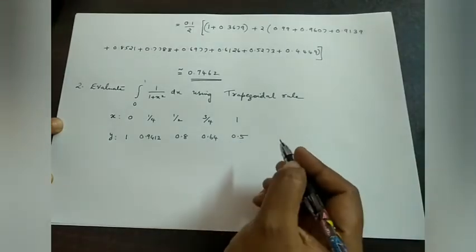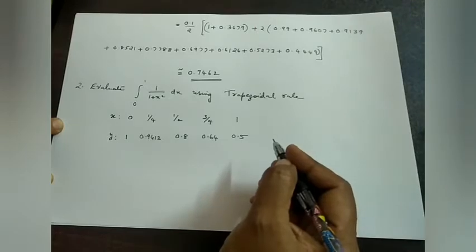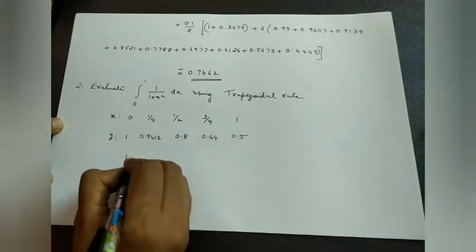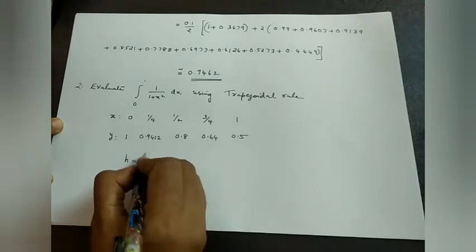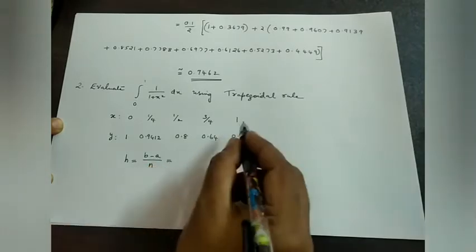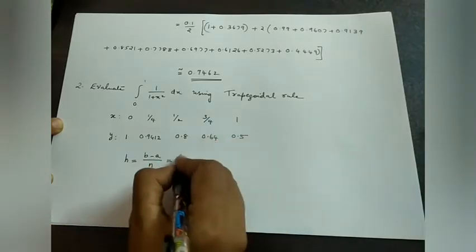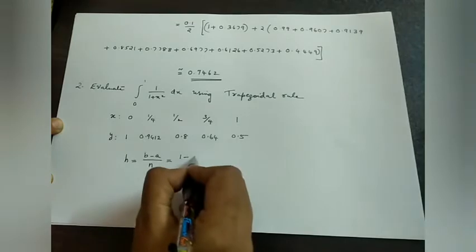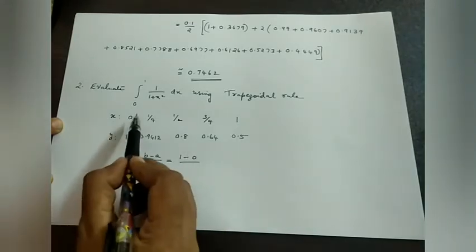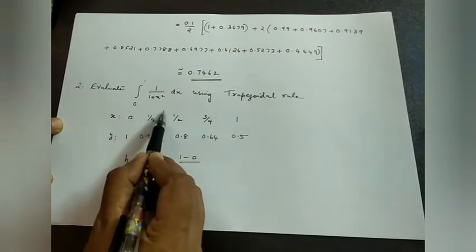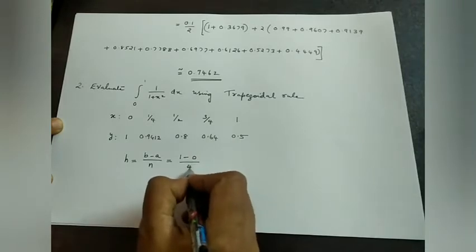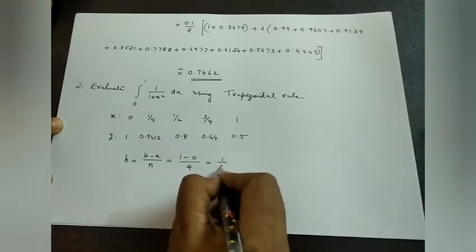Here h is not given and n is also not given, isn't it? Therefore h can be found by two methods. One is b minus a by n. B is the last value of x, that is 1. A is the first value of x, that is 0, divided by the number of intervals. What is the number of intervals here? First, second, third, fourth. Therefore here 4 intervals are there, which is equal to 1 by 4.